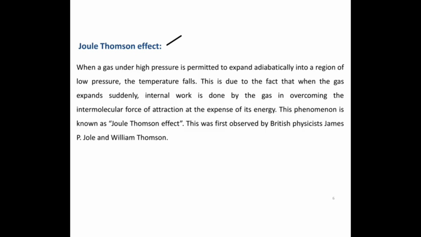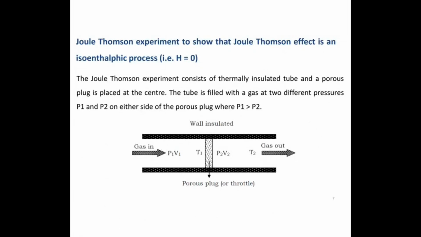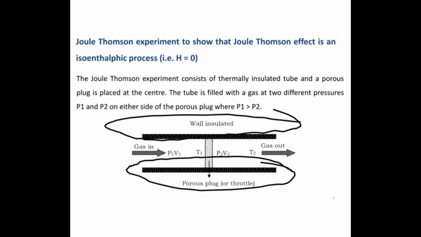When a gas under high pressure is permitted to expand adiabatically into a region of lower pressure, the temperature falls. This is due to the gas expanding suddenly. In the experimental part, the Joule-Thomson experiment is done in a thermally insulated system, with thermally insulated walls or tubes.